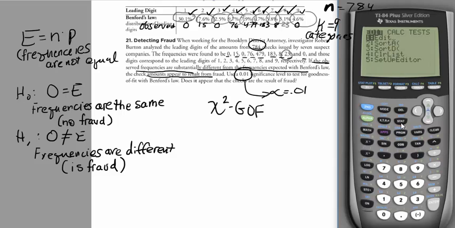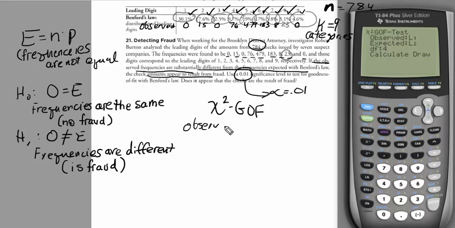I'm going to go to stat and then test, and then the chi-squared goodness of fit test, and then the observed is L1, and the expected is L2, and then the degrees of freedom are always k minus 1.